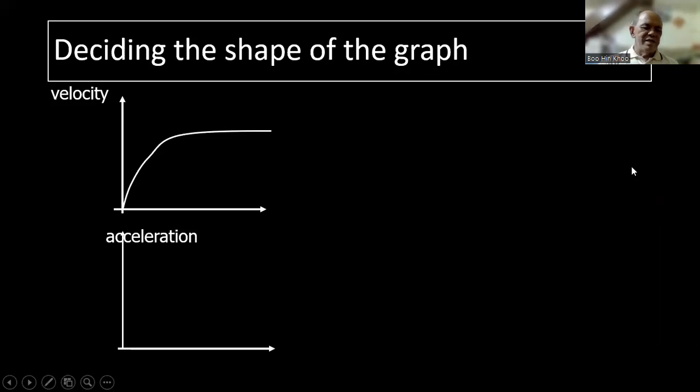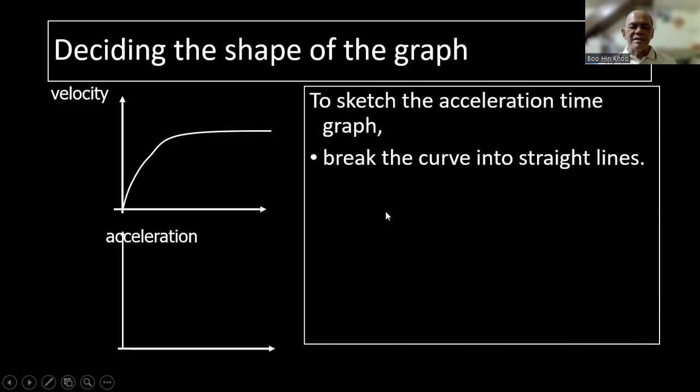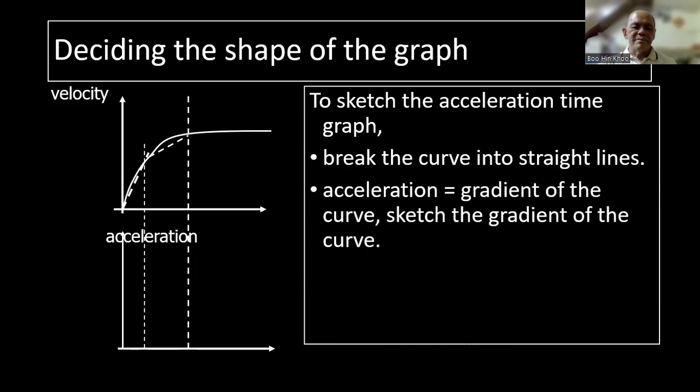Then we can roughly decide, if we are given a graph there, we can break it up into small sections. The smaller the better. To sketch the acceleration time graph, break the curve into straight lines, right? For different intervals of time, like that. Make it approximate with a straight line.